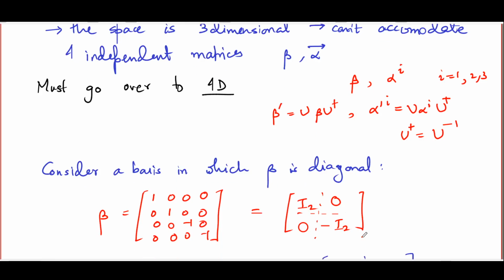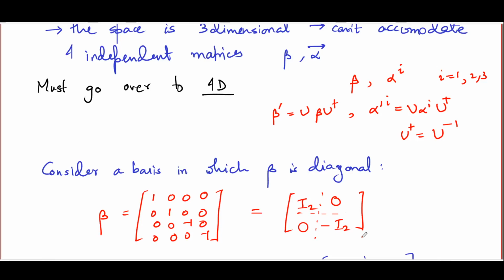Now, we already know that the 4 eigenvalues of beta, 4 because we are dealing with 4 by 4 matrices now, have to be 1, 1, minus 1 and minus 1. So in a basis in which beta is diagonal, the form of beta is already fixed up to a reordering. But it's obvious that I can have a basis in which beta will have this form: 1, 1, minus 1, minus 1 down the diagonal.